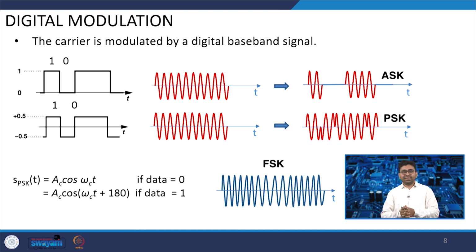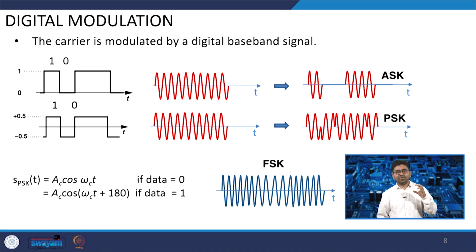For the basic digital modulation, the carrier frequency will remain the same. If I want to transfer, let us say, a bit of 1, then I will just send the carrier signal. If I want to transfer a bit of 0, with 0 amplitude, I should make it just a blank.